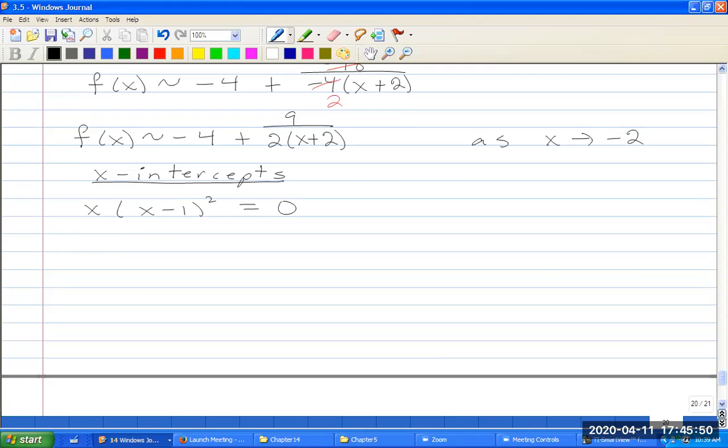Set each factor to 0. Solve for x. So the x-intercepts are at the origin and at 1, 0, which is a double root.